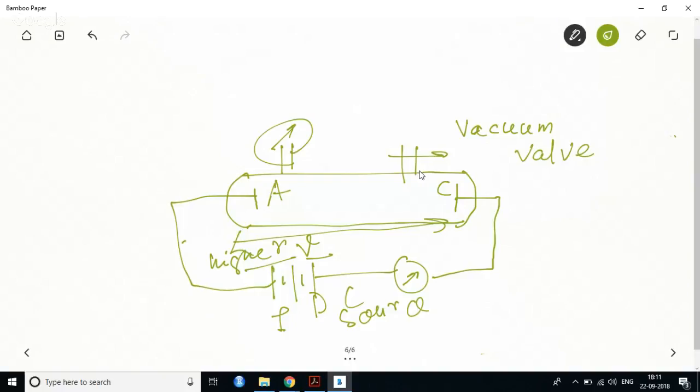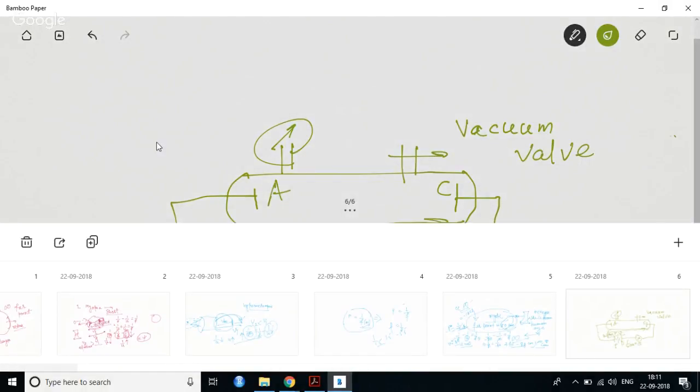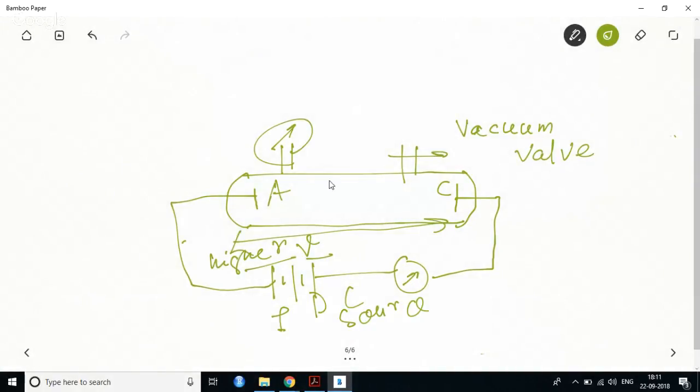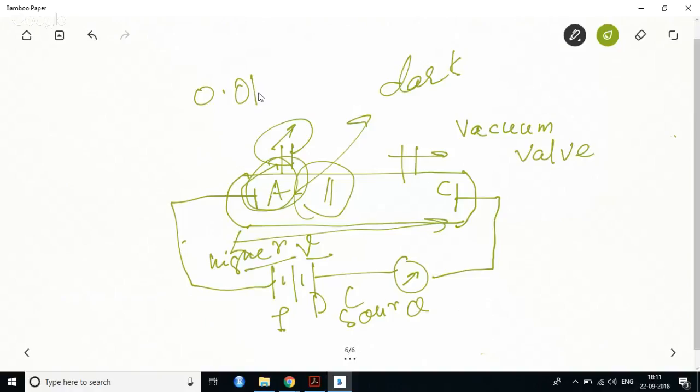What happens is that when you keep on decreasing the pressure, there comes a pressure and a particular potential difference when, opposite to the cathode, suddenly this tube would become dark at a very small pressure, which I am writing as 0.01 mm Hg.